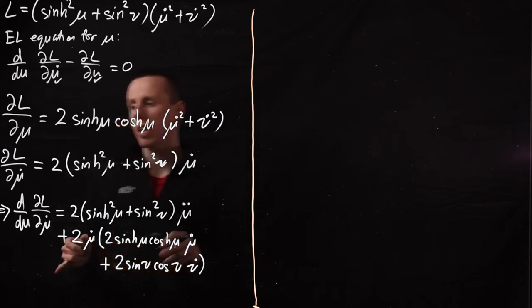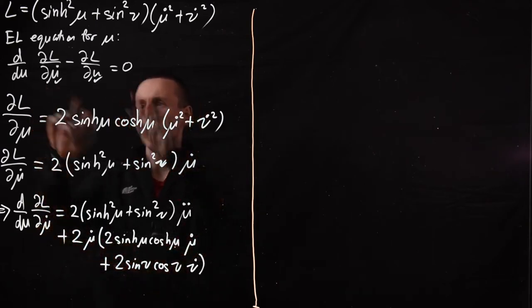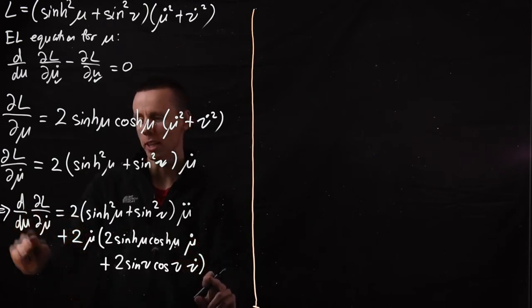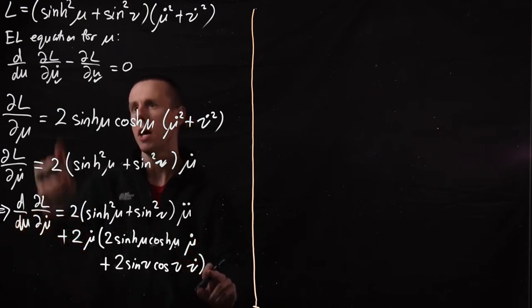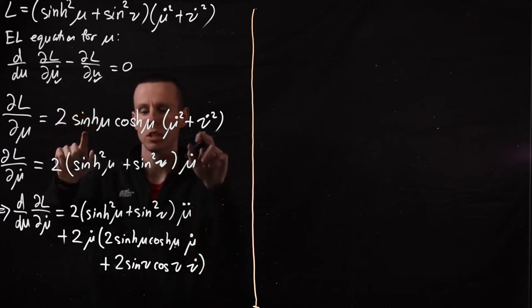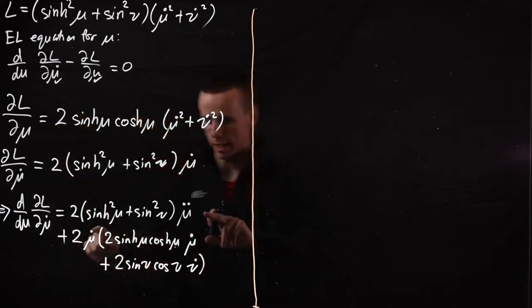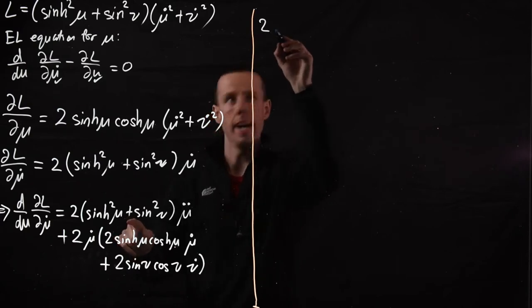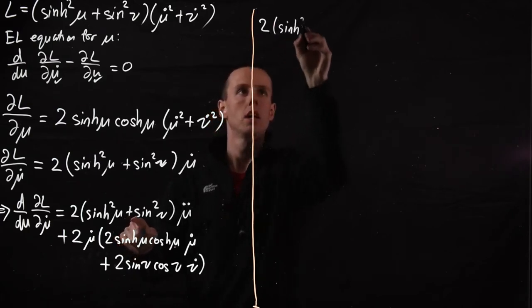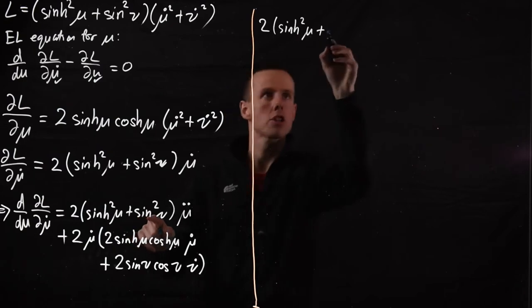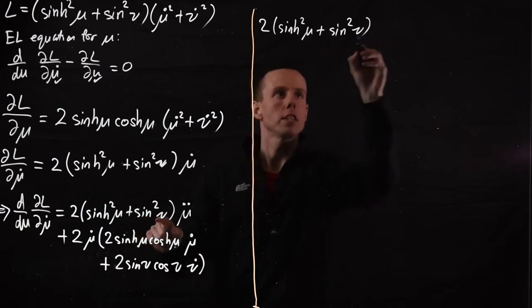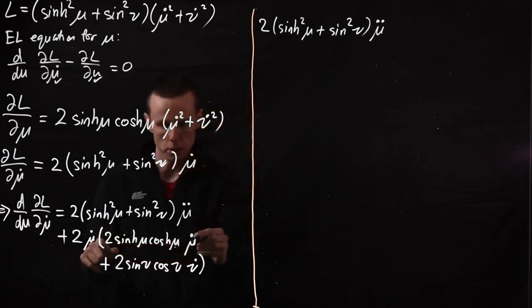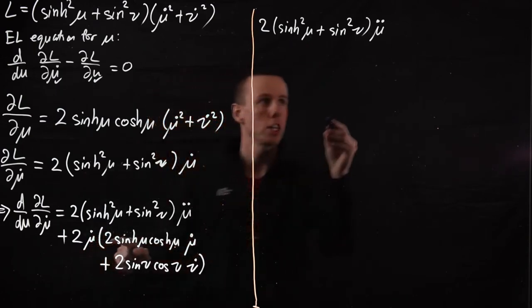Okay, and now we can just put these pieces into the Euler-Lagrange equation. So it's just this thing, so d by du of dL by d mu dot, so this minus this equals 0. So let's take this thing, so that's going to be 2 times sine squared mu plus sine squared nu times mu double dot, and let's do some multiplying out in this term as we go.